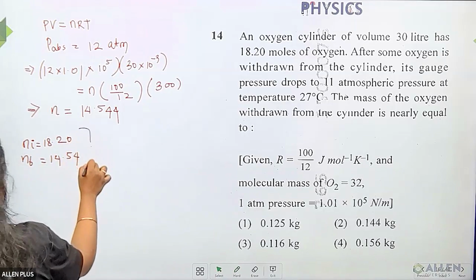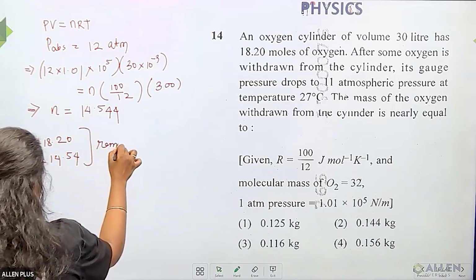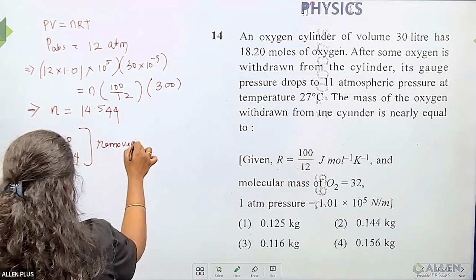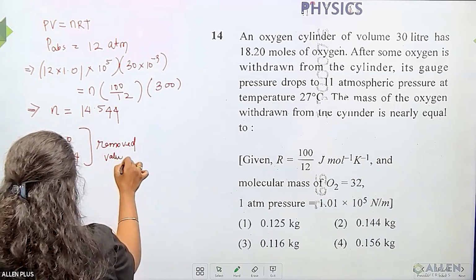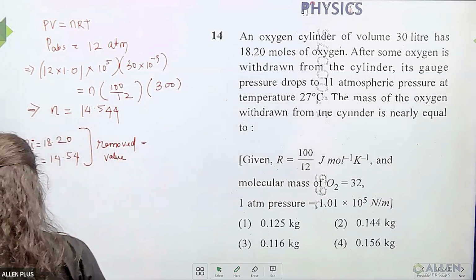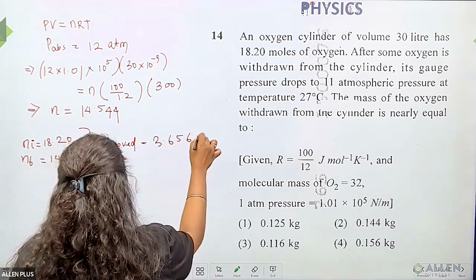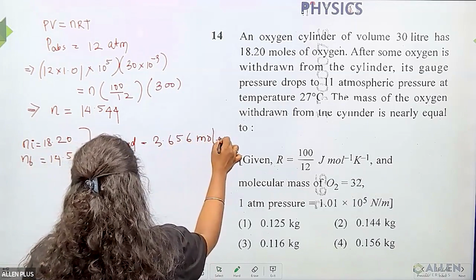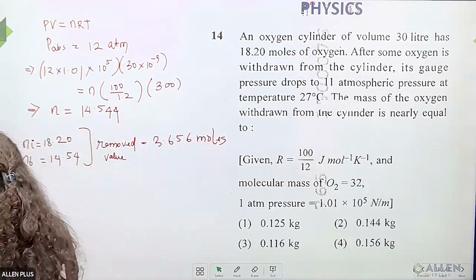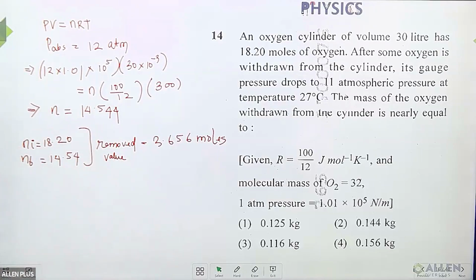How much removal has occurred? The removed value will be equal to the difference between these two. It comes around 3.656 moles.